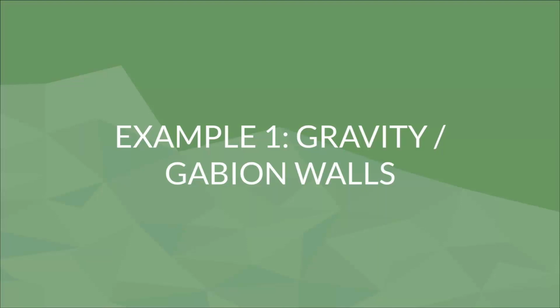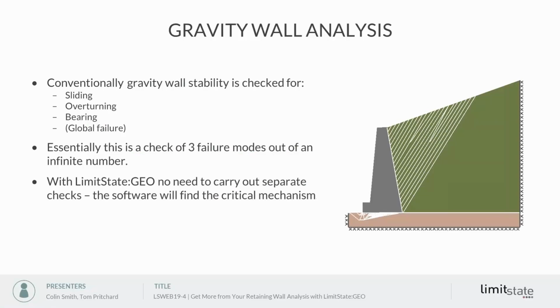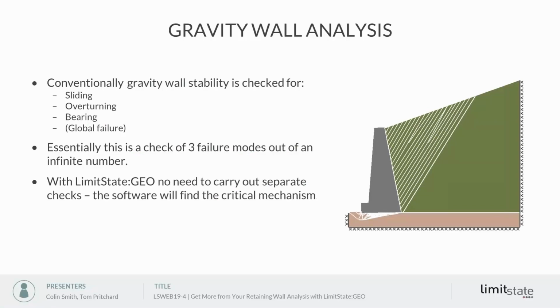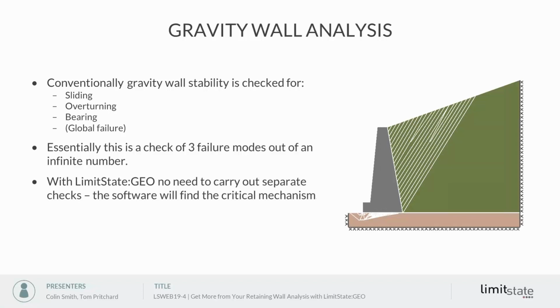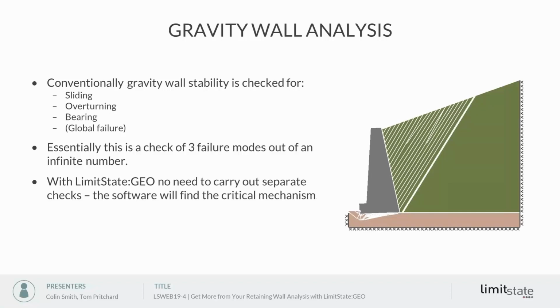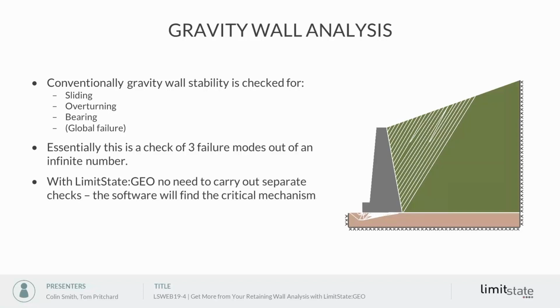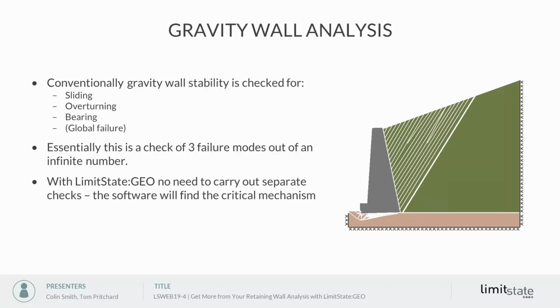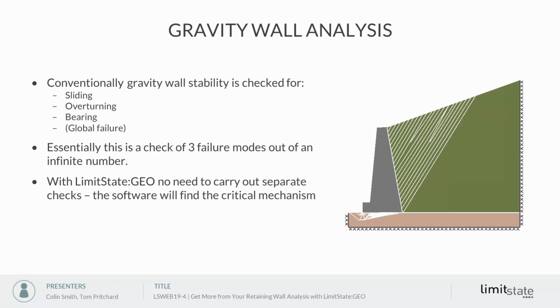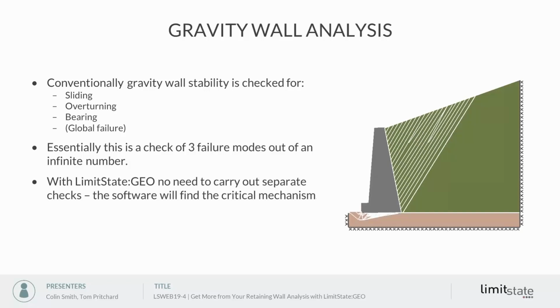gravity wall analysis, which also encompasses gabion walls. In terms of analysis, conventionally you do a number of calculations to establish whether the wall is stable against sliding failure, overturning failure, bearing failure, and generally also look at a global failure that would go around the wall.